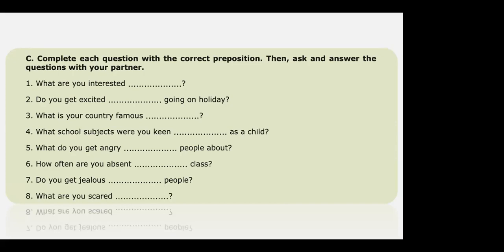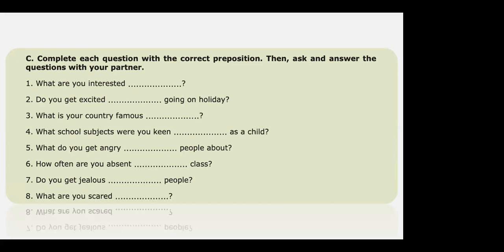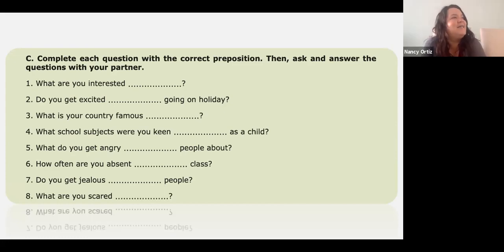Number 4, right? Okay. What school subjects were you keen on as a child? As a child, I did not like the school. I think I started liking the school when I was in high school, but okay. I believe I was keen on biology and probably chemistry too. Okay.